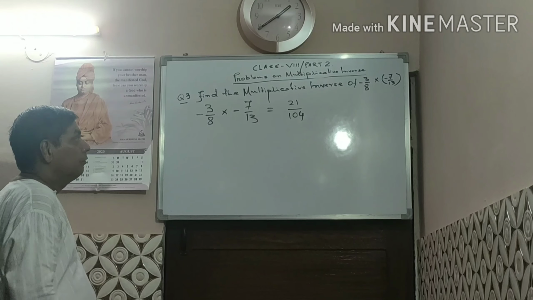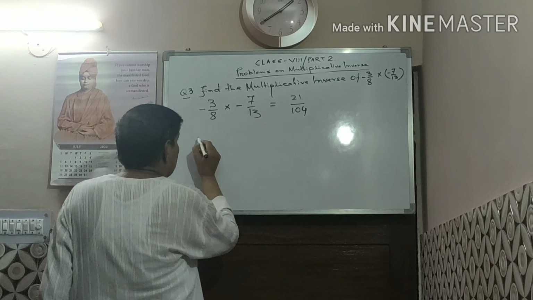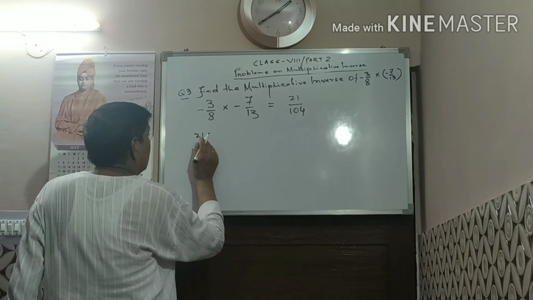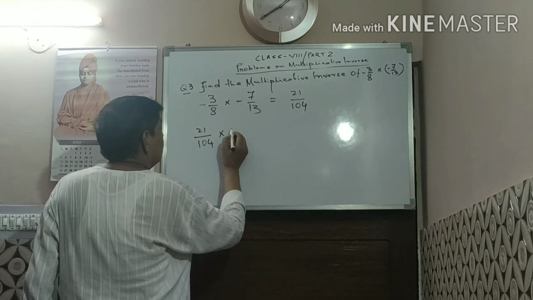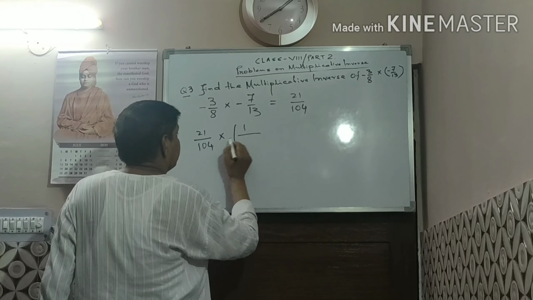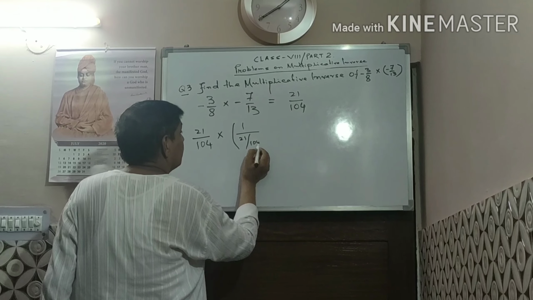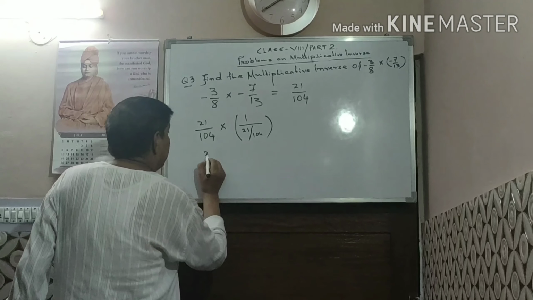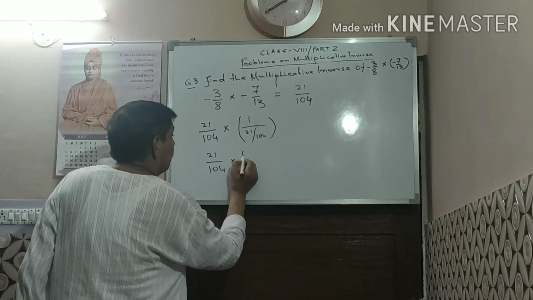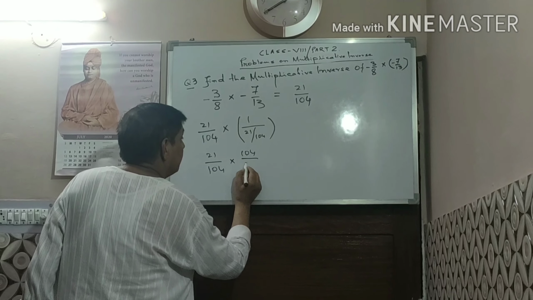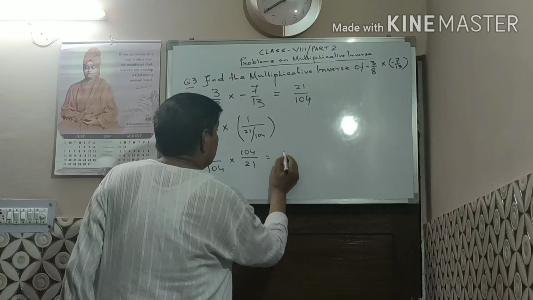Now we can proceed for the multiplicative inverse of this number. 21 by 104 into the reciprocal of the same number, 104 by 21. So after cancelling all this, we will get 1.